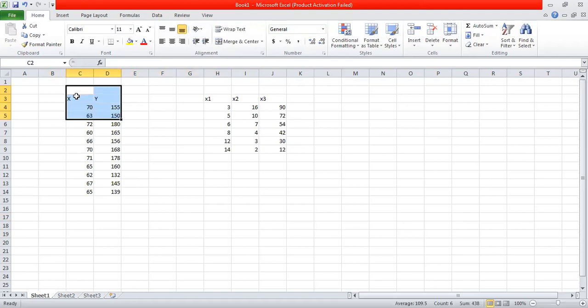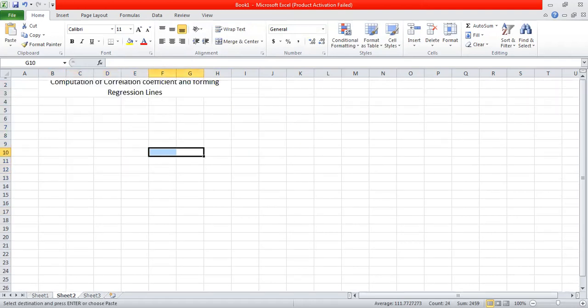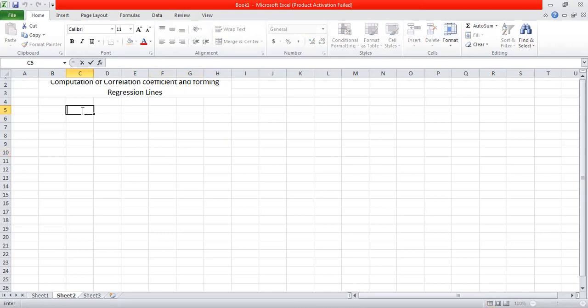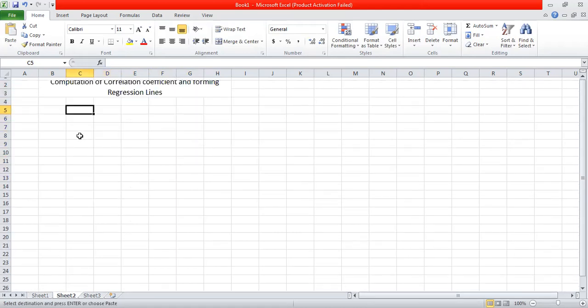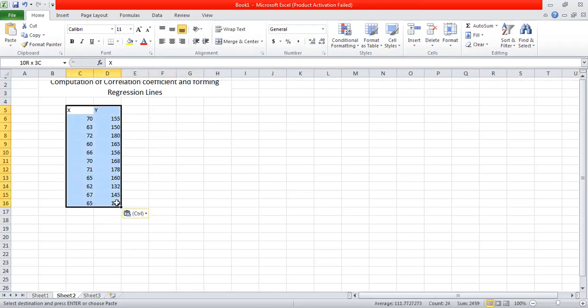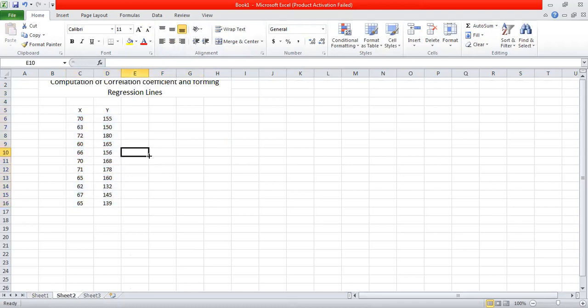What are the two types of variables? X and Y. One will be the dependent variable and the other will be the independent variable. Coming to the question, two variable values, X and Y values, are given here.